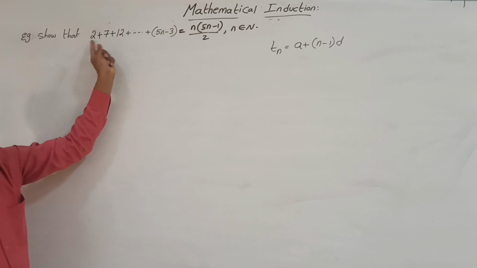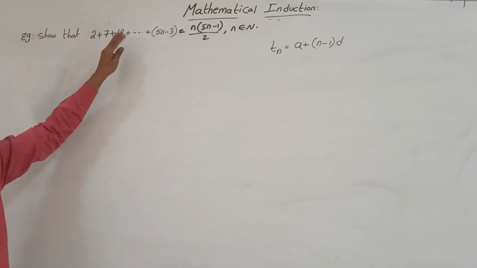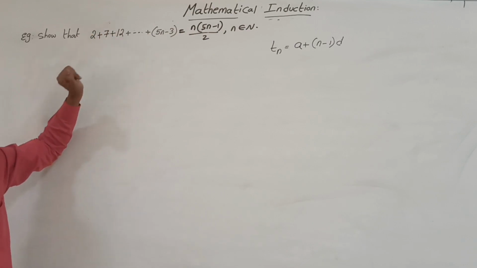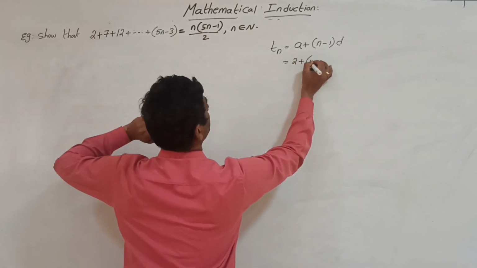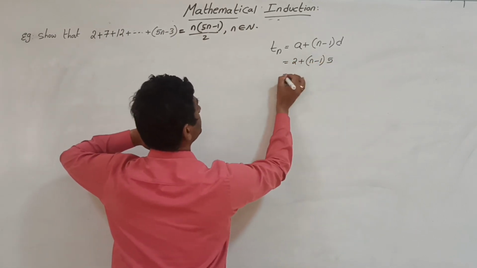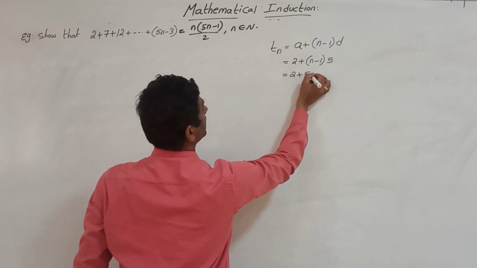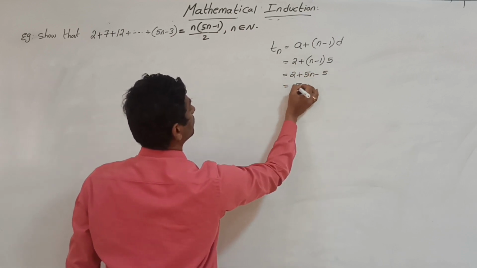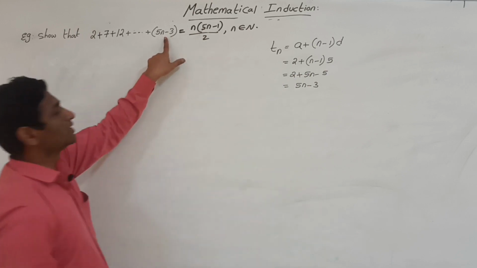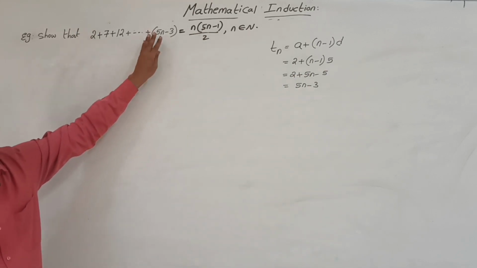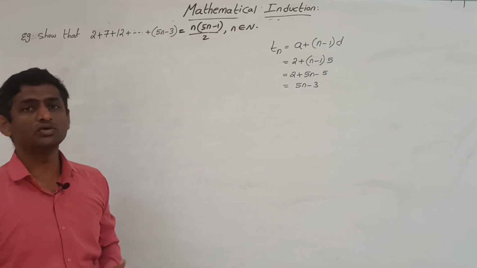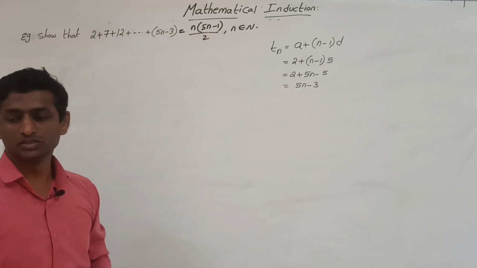The common difference of each consecutive term is 5. So a is 2 plus n minus 1 into 5. If you simplify, 2 plus 5n minus 5, that gives 5n minus 3. So that is our nth term. Means it is the sum of the n terms, and the result is n into 5n minus 1 by 2.